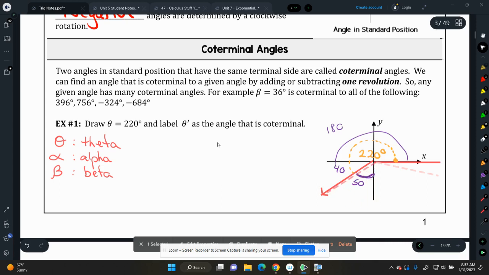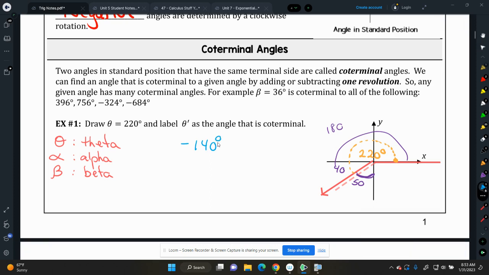So that is negative 140 degrees. That is a coterminal angle to 220.